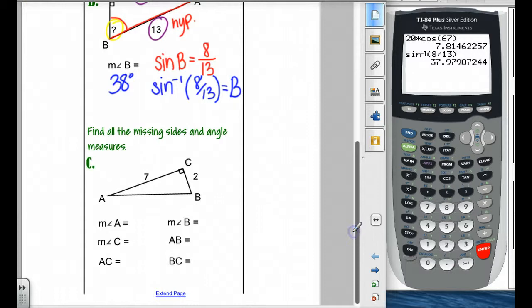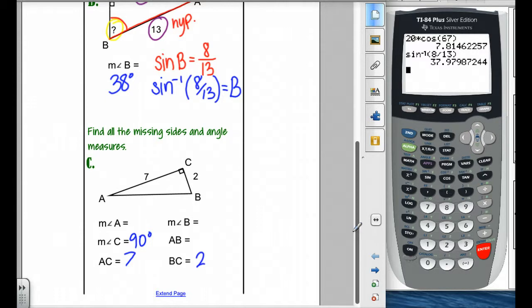Now we're going to find all the missing side and angle measures. Looking here, I need to find these, so I'll fill in what I know. I know that angle C is 90 degrees. I know that CB, or BC, is 2, and I know that AC is 7, which makes my work a lot easier.